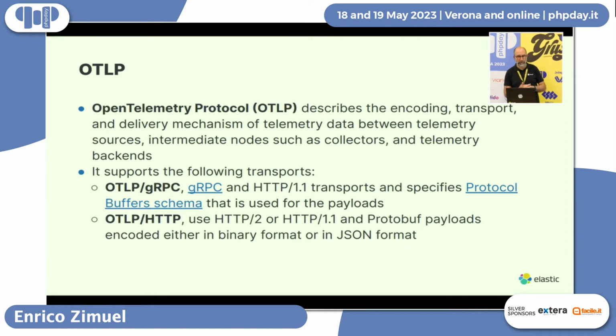In both cases, you are using a protocol buffer schema to compress the information to send. Of course, gRPC is more performant than HTTP. So if you have a very critical environment, I suggest you use gRPC. Again, you have to try to understand if your environment is okay also with HTTP. Especially at the beginning, if you want just to test, HTTP is simpler to set up, I would say.